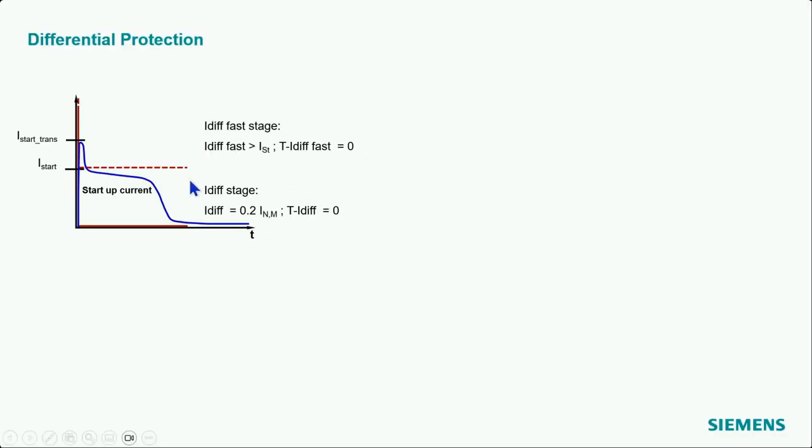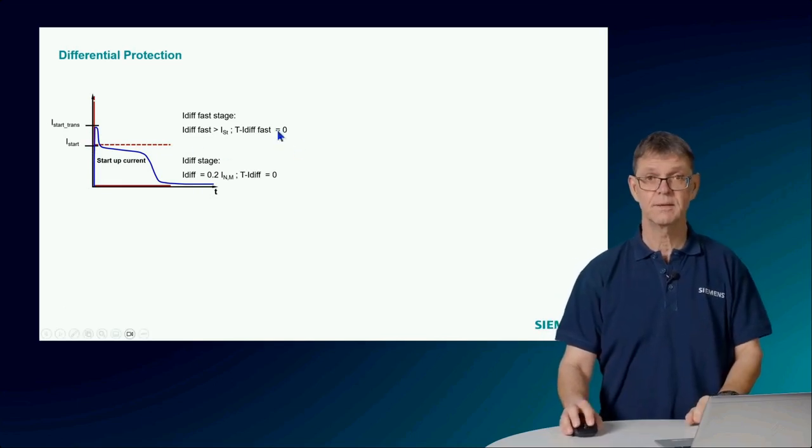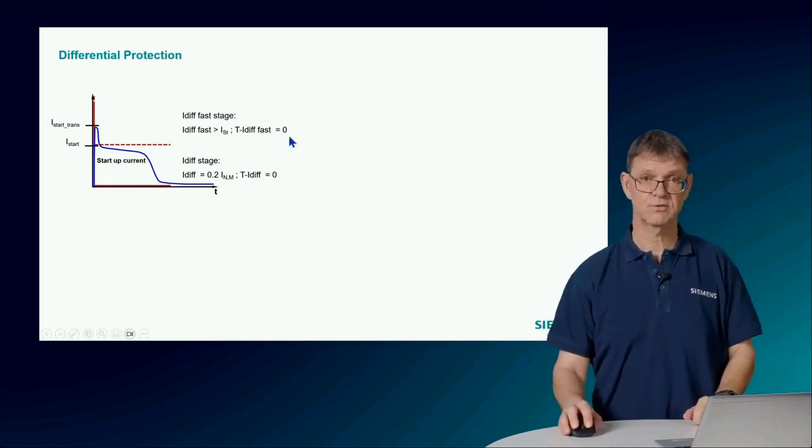A good starting point would be 20% of the nominal current, and we don't need a time delay. And you see we now have two advantages, a very sensitive stage and a very fast stage, the combination here. And if we want to make an even faster tripping on high currents, we can apply our fast differential tripping stage, which we recommend to put above the starting current, and also with a time delay of 0.